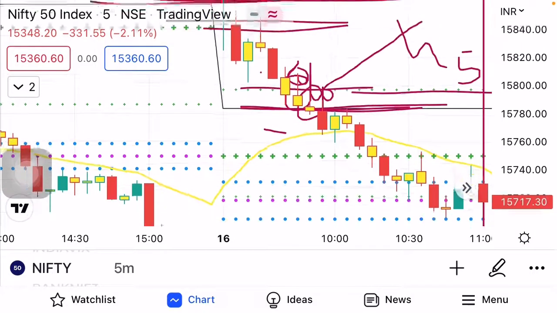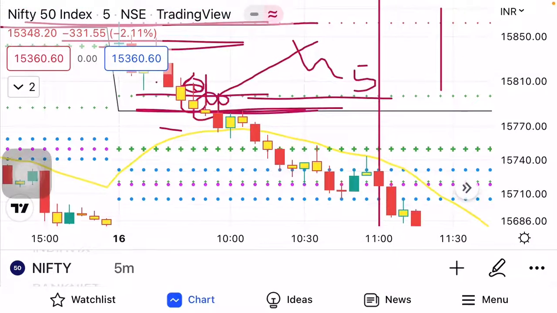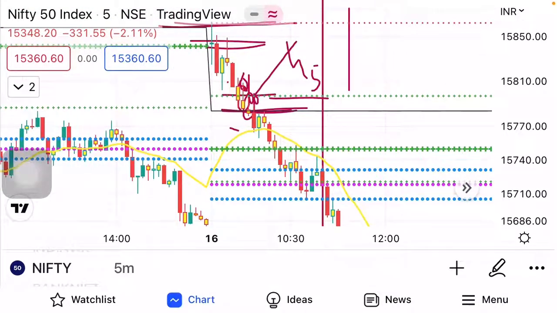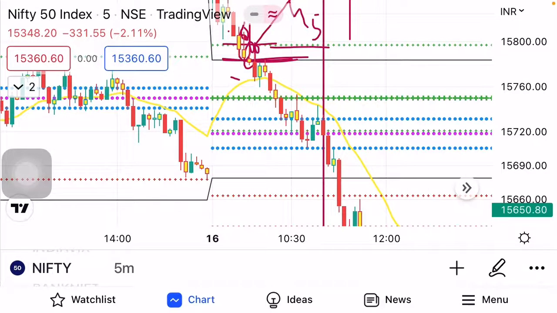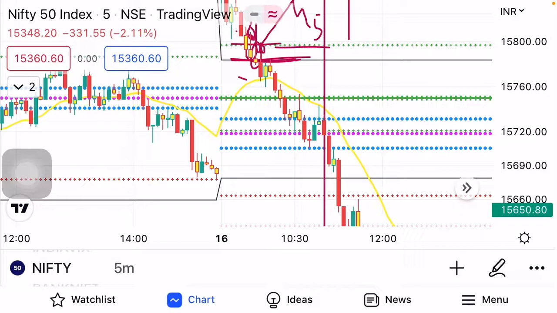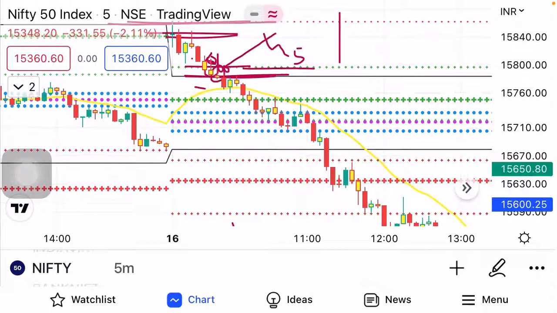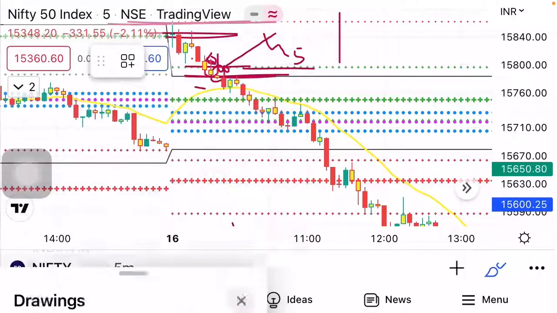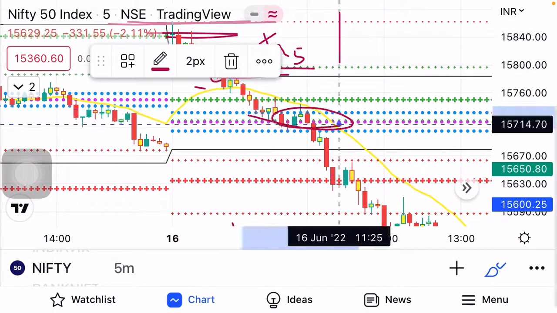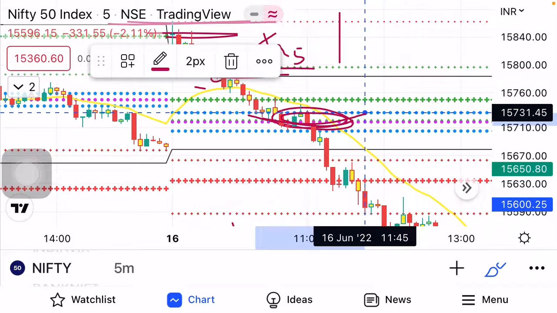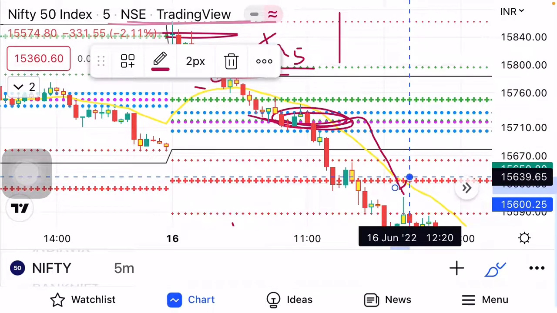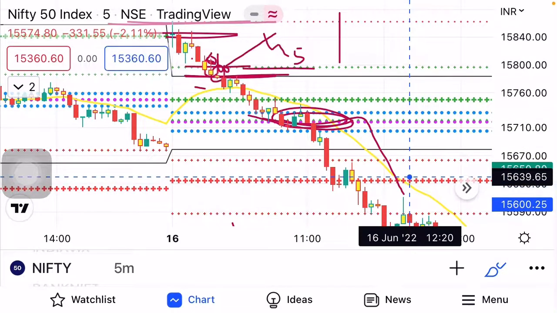So this was the reason the market has continuously fallen, since the distance between the pivots is very less and it was very trendy. See, I was thinking that if the market consolidates here at this CPR, again the market will fall. But the market has not even consolidated today.